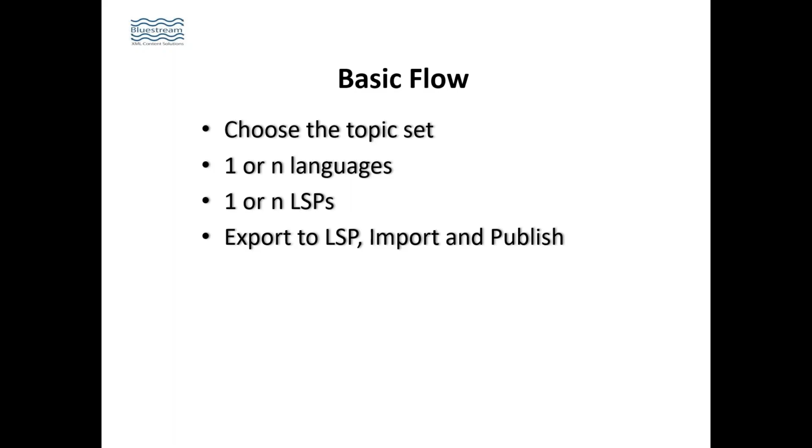You might have some LSPs do Japanese and other LSPs do Russian, it depends. In a lot of cases you'll let the LSP manage that, as opposed to you managing the multiple LSPs. So you get LSP subcontracting. Export to LSP, you import and you publish. Simple flow.